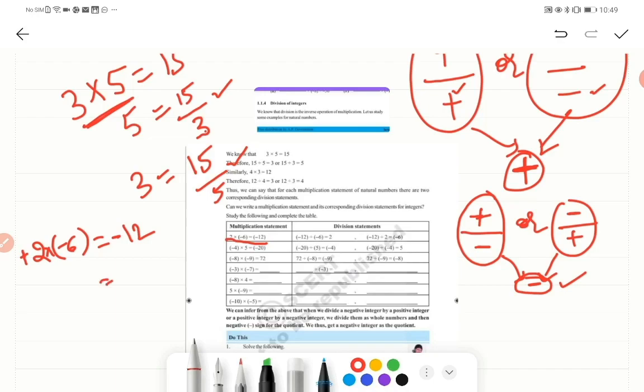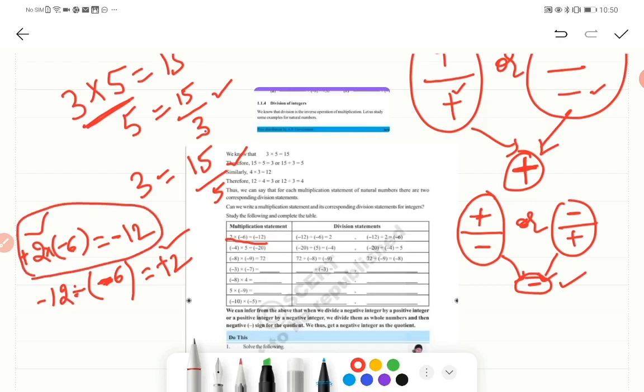Now for division, it is the same. Let's say minus 12 divided by minus 6 is equal to what? Plus 2, isn't it? So it's just the reverse operation of multiplication. Or you can write the same equation like minus 12 divided by 2.